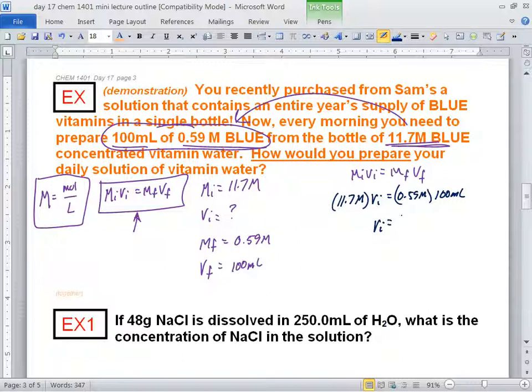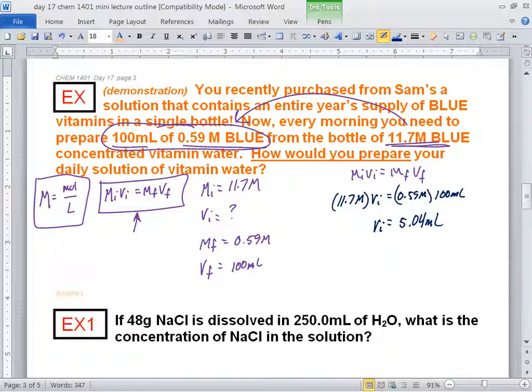All right. So, Bowdy, what would you do to solve for Vi? Yeah, divide by the 11.7. Multiply the 0.59 times 100, divide by 11.7. I remember my answer, I just did this. 5.04 milliliters.